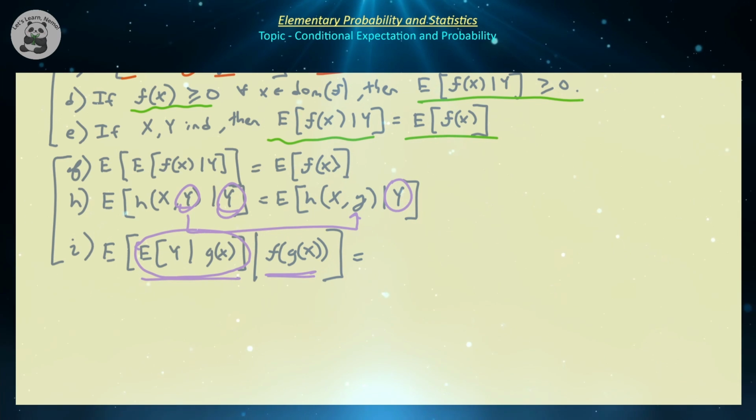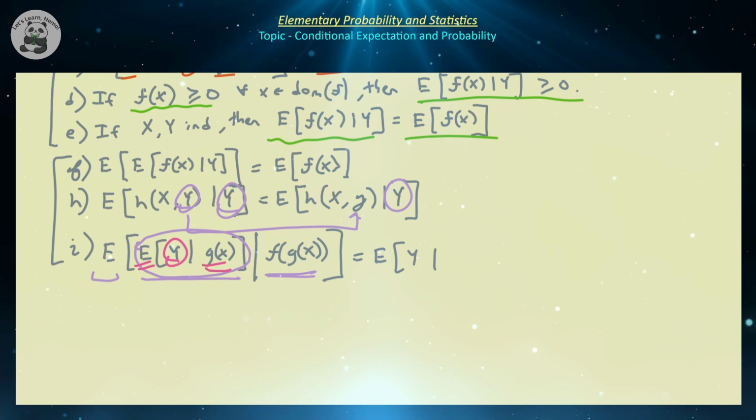That's the condition for that expectation, but this interior has a variable, and that's the condition for that expectation, right? So a nested set of conditions. This is actually equivalent to just the expected value of the variable that the interior expectation is with respect to, assuming that the condition is f of g of capital X, right? So a lot of simplifications can take place there.